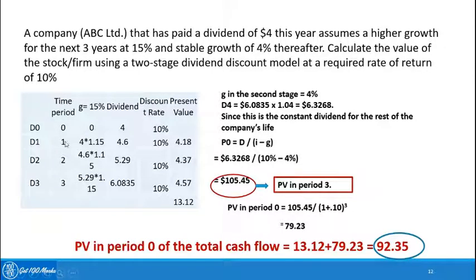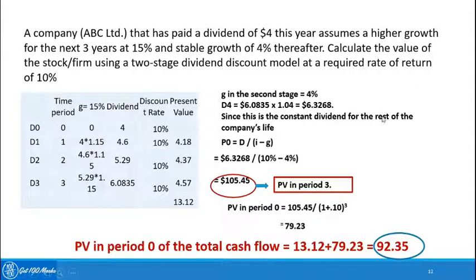So for the next 3 years, which means D1, D2 and D3, the dividend grows at a rate of 15%. So D1 is 4 into 1.15, which gives 4.6. D2 is 4.6 into 1.15, which is 5.29, and D3 is 5.29 into 1.15, which is 6.0835. That's how you calculate the dividends for the first 3 years.